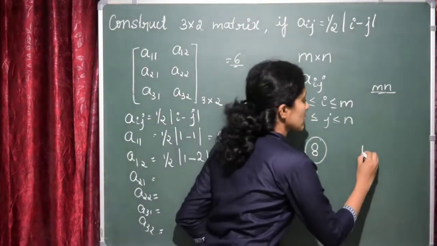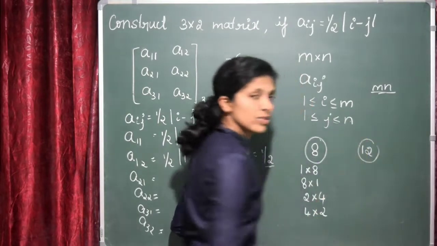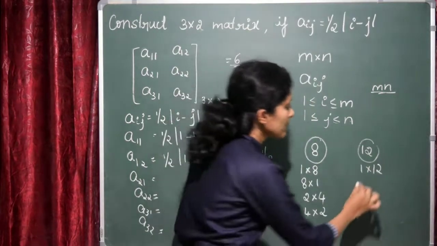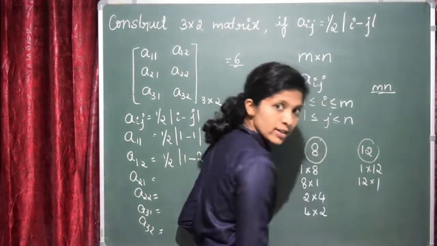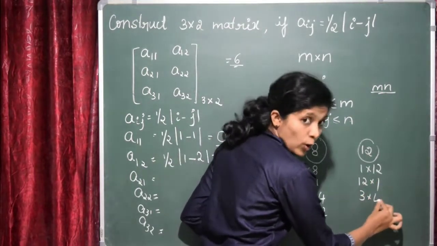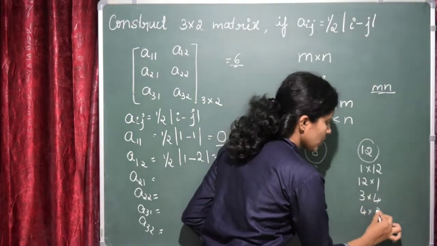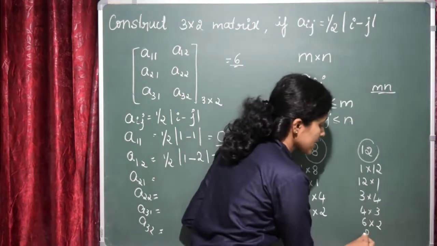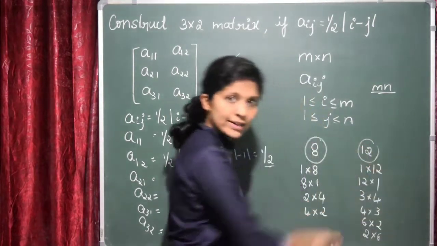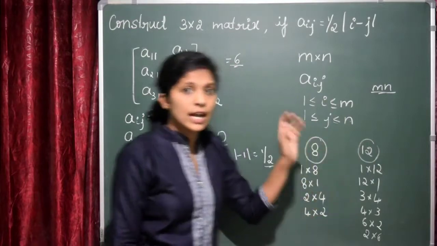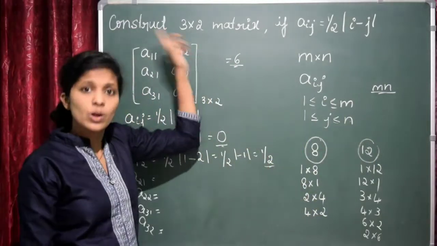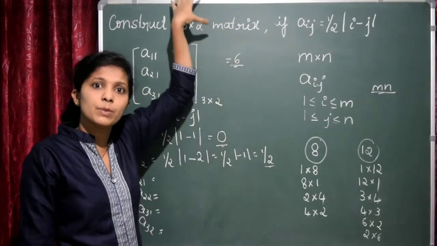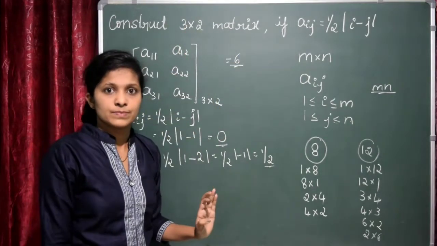If I want to construct a matrix with 12 elements, then possibilities: 1 by 12 is possible, or 12 by 1, or 3 by 4, or 4 by 3, or one more 6 by 2, or 2 by 6. These are the possible matrices with 12 elements. Remember this, if a matrix is of order 3 by 2, then the number of elements in that matrix will be 6. I mean you have to multiply the number of rows and the number of columns.